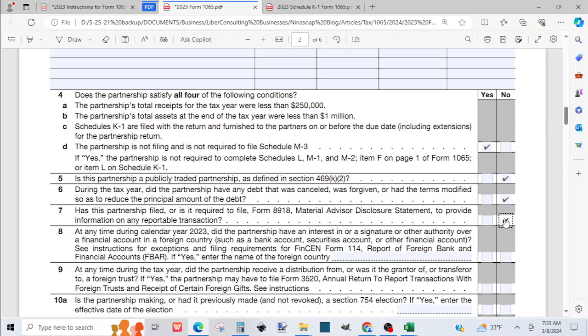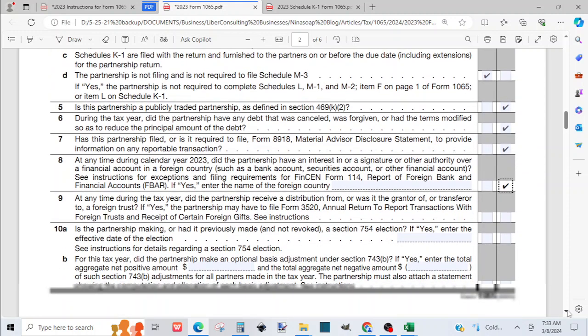At any time during the calendar year, did the partnership have an interest in or a signature authority over a financial account? No. At any time during the year, did the partnership receive a distribution from, or is it the grantor of, a foreign trust?